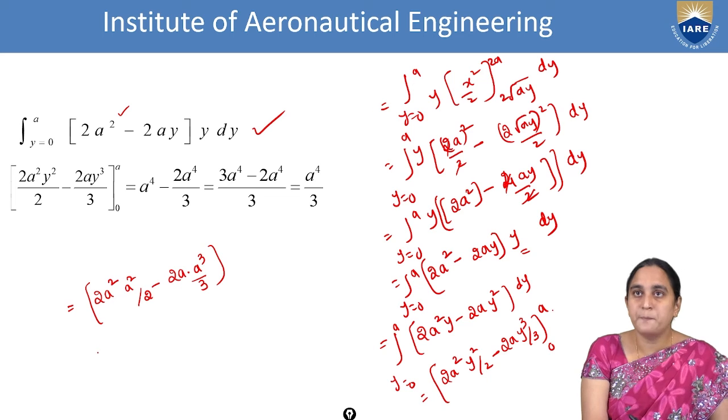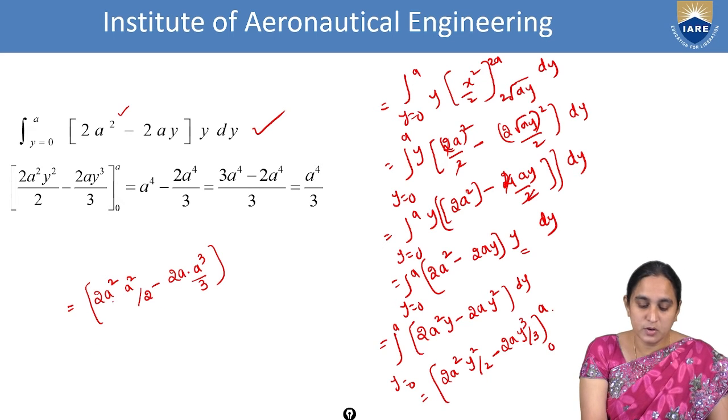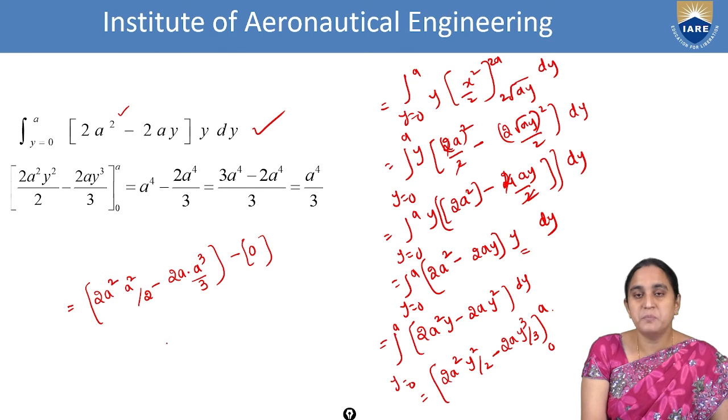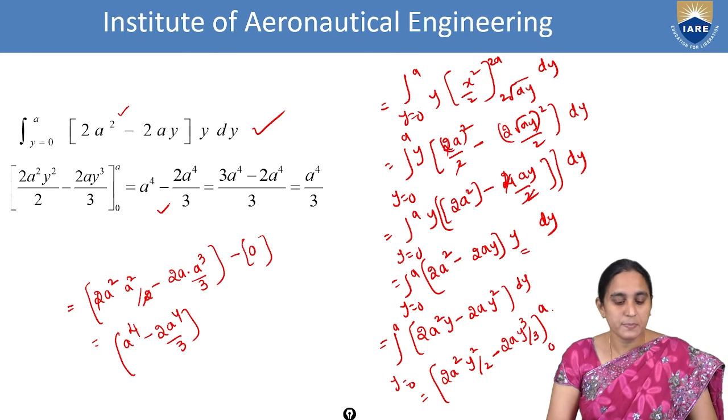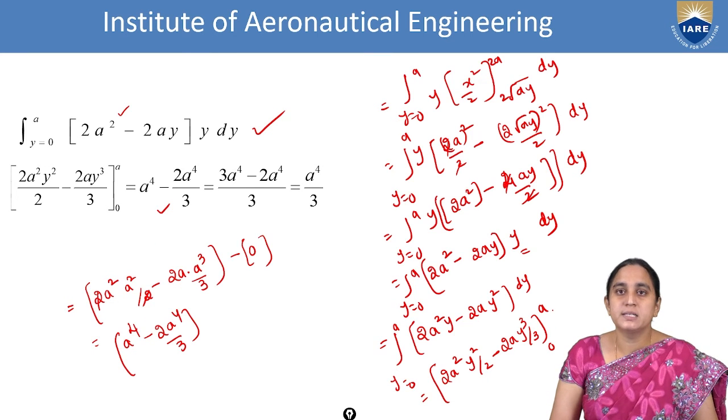We are substituting the upper limit a, and the lower limit is completely 0. Here the 2s cancel, that is a⁴ minus 2a⁴/3.